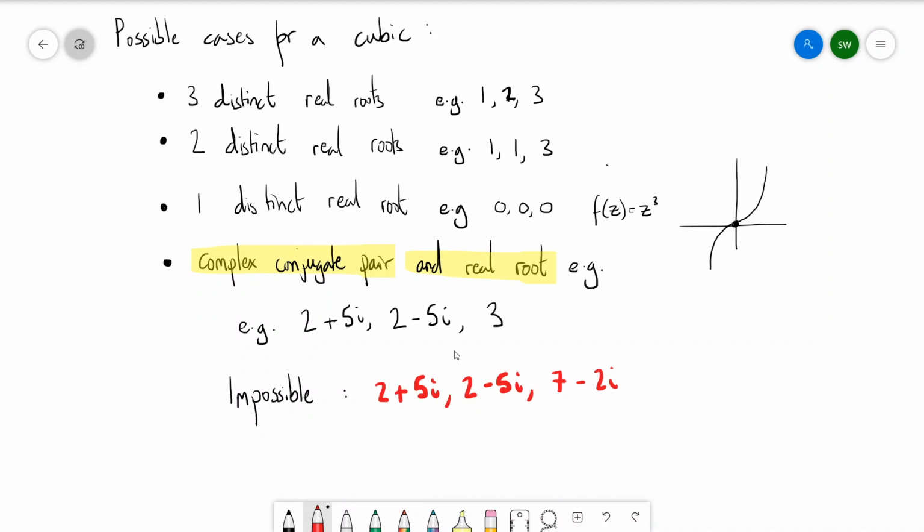The reason that's impossible is because we know that if 7 minus 2i is a root, then 7 plus 2i is also a root. Now this is impossible because a cubic can have at most 3 different roots, and this has 4 different roots. So it can't be the case that the third one was a complex number. It has to be a real number.